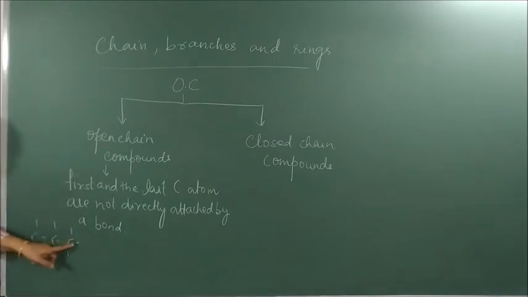The first and the last are not directly attached by a bond. They are attached one after the other. This unique property of carbon to form long chains is called catenation. Why does it form a large number of compounds? Because of tetravalency, catenation and strong stable bonds.